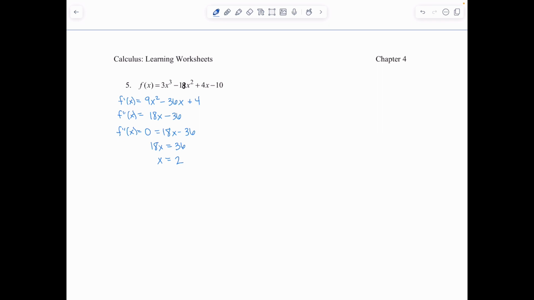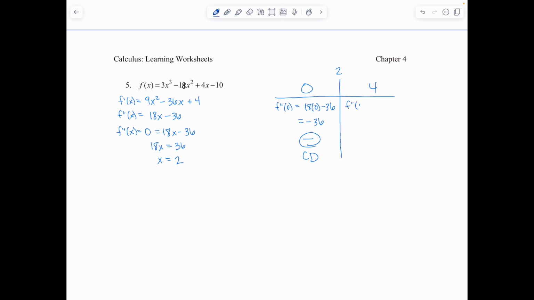So we'll look on either side of 2. Let's look at 0, and we'll go 4. Our second derivative at 0 will give us 18 times 0 minus 36, so negative 36, concave down.